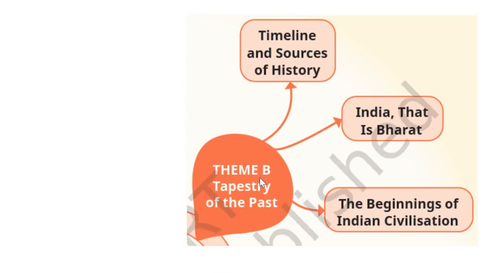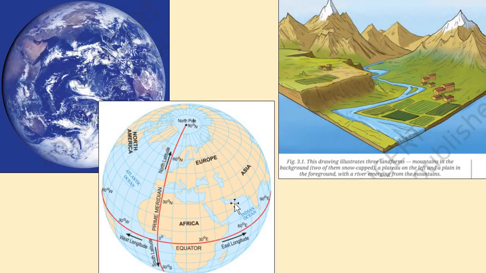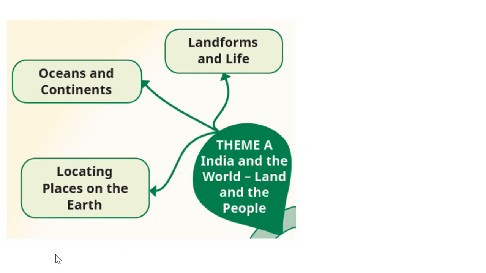Next is theme B, tapestry of the past. So this theme is regarding history. The previous theme, we talked about basically geography. So this very first theme centers around geography, and here geography is introduced to promote the understanding of interdependence of various regions and countries.